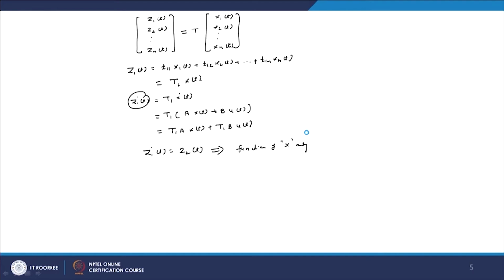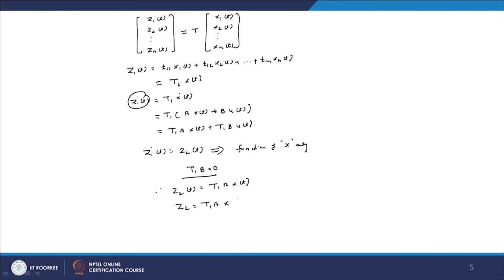So, here we have got z1 dot t equals z2 of t, which is a function of x only. Therefore, this T1 B we can consider as 0. So, here we write T1 B equal to 0. Therefore, z2 of t equal to T1 A into x of t. For simplicity, we can write this z2 equal to T1 A x.